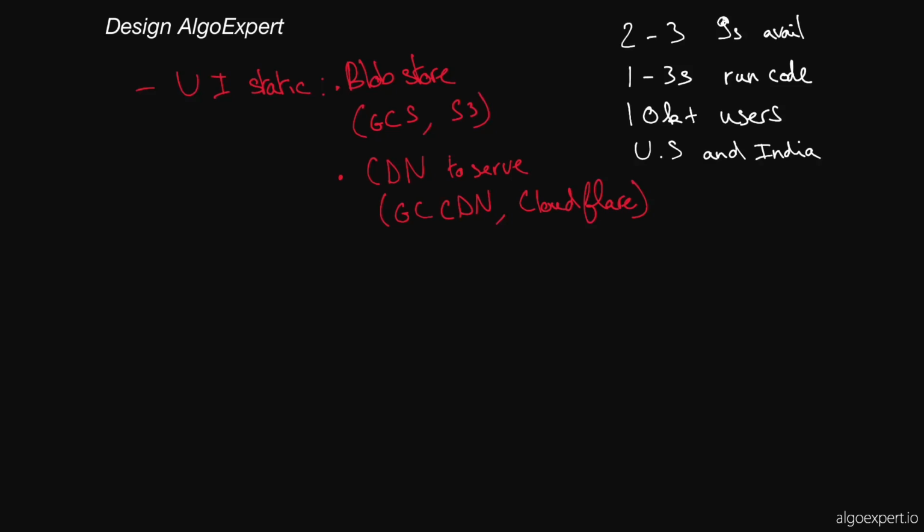When a user gets on the website, gets served the static content from the CDN, but then they actually hit the AlgoExpert API, we're likely going to want some kind of load balancing.